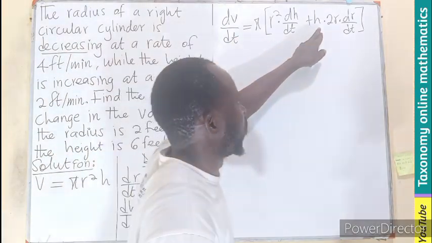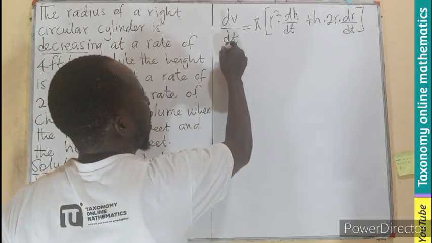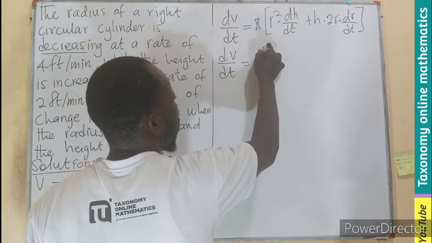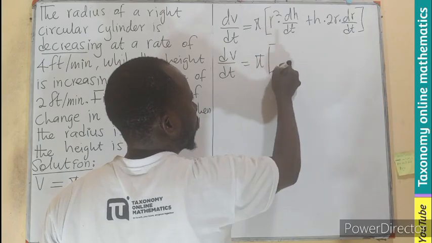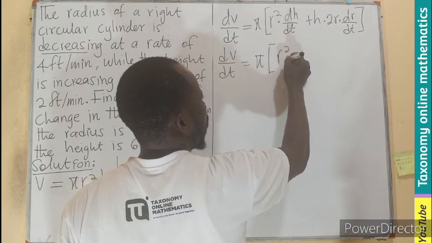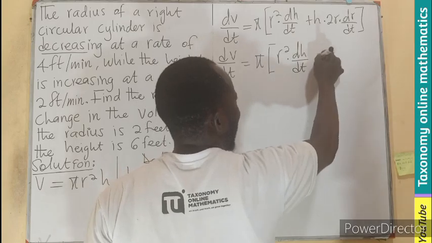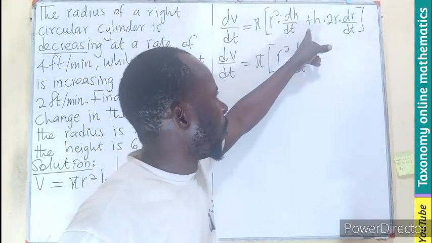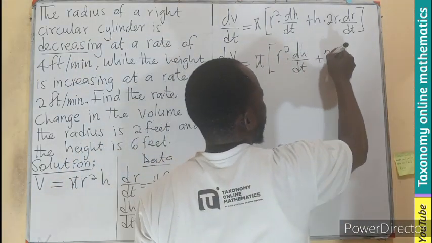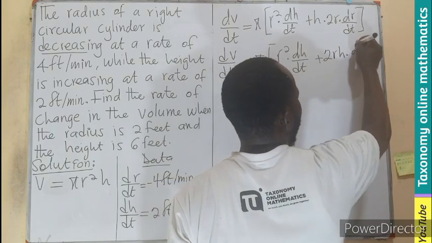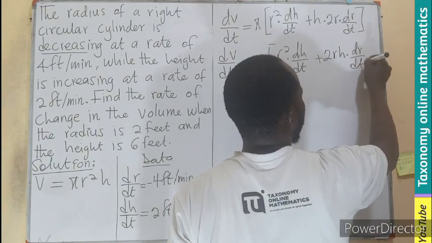In the sense of this, we can combine them to have dV/dt equals pi multiplying r squared times dh/dt plus, since those two variables are multiplying, 2rh multiplying dr/dt.